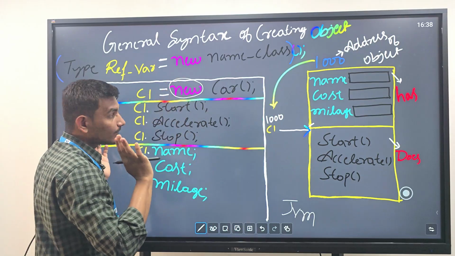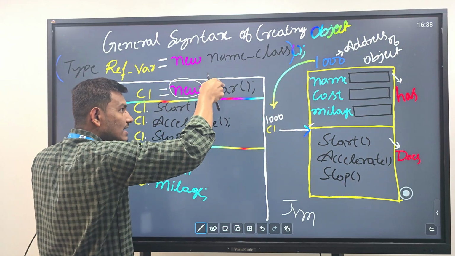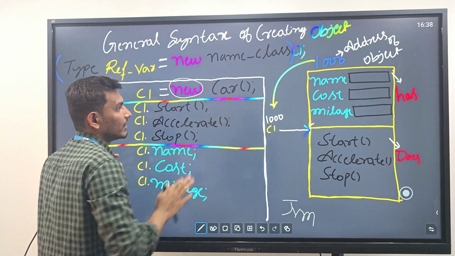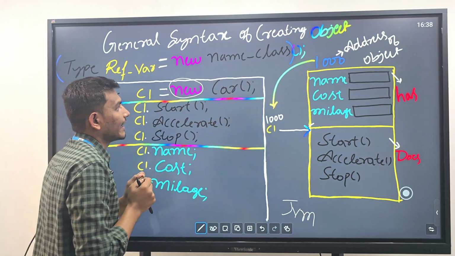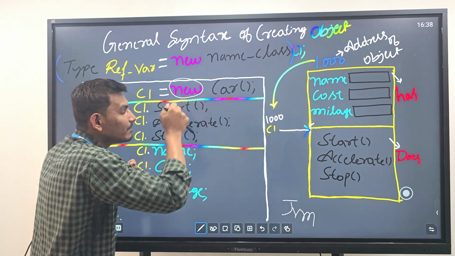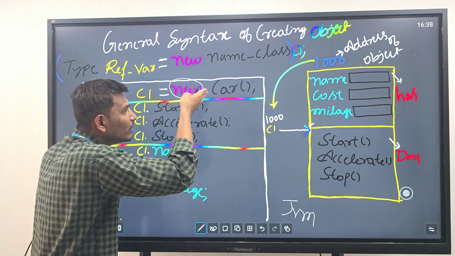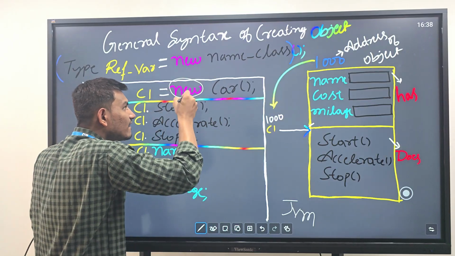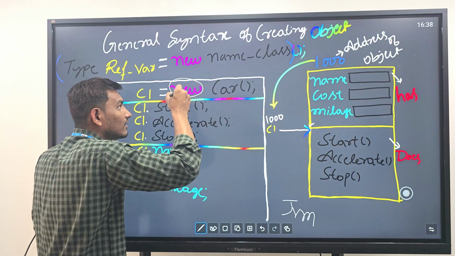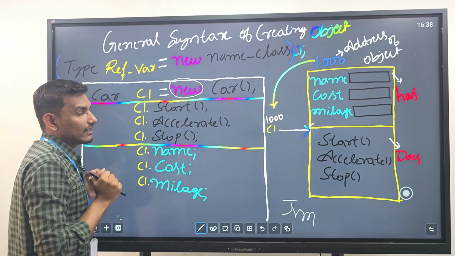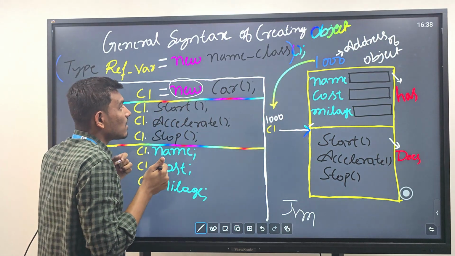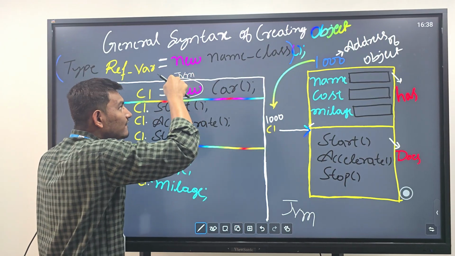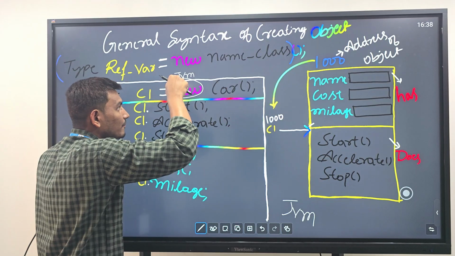Now, if you want to create the object by following the general syntax, new keyword, class name, opening and closing parenthesis, ending with a semicolon. At the right hand side, what happens? If we specify this new keyword, one person gets activated, none other than the JVM.